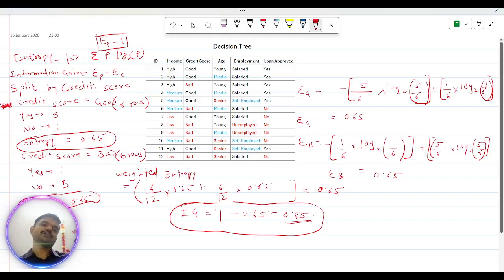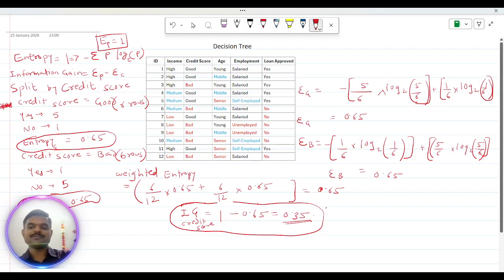So this is the information gain of credit score. From this 0.35, we get 35% of knowledge from the credit score.